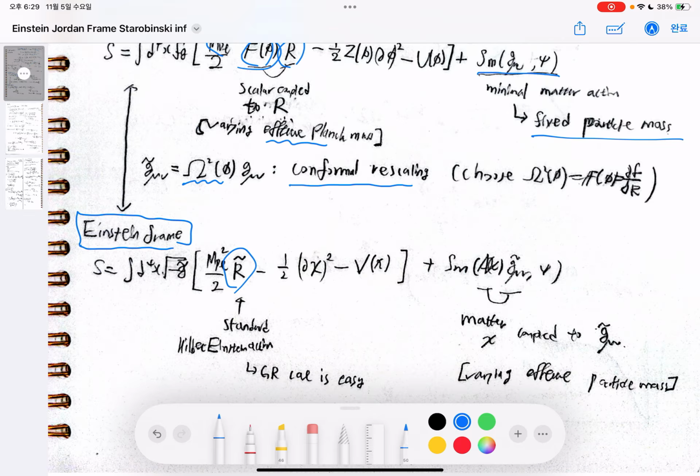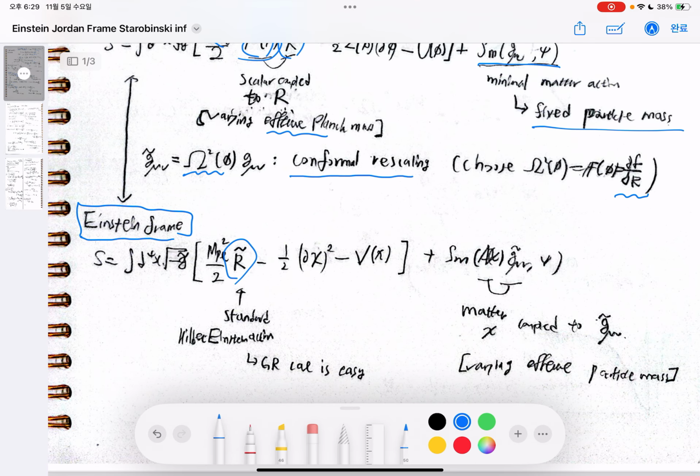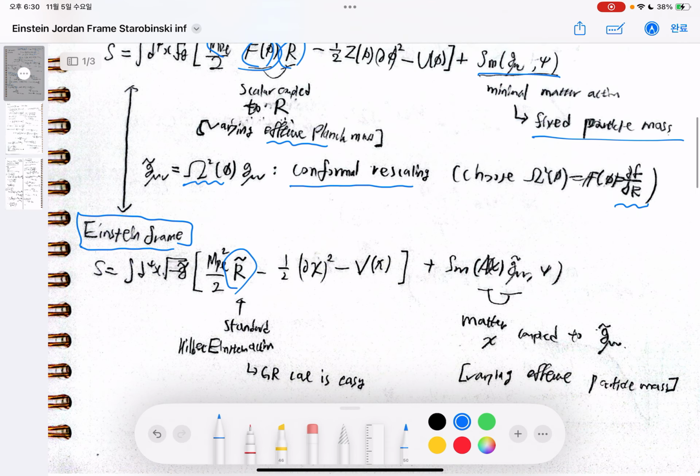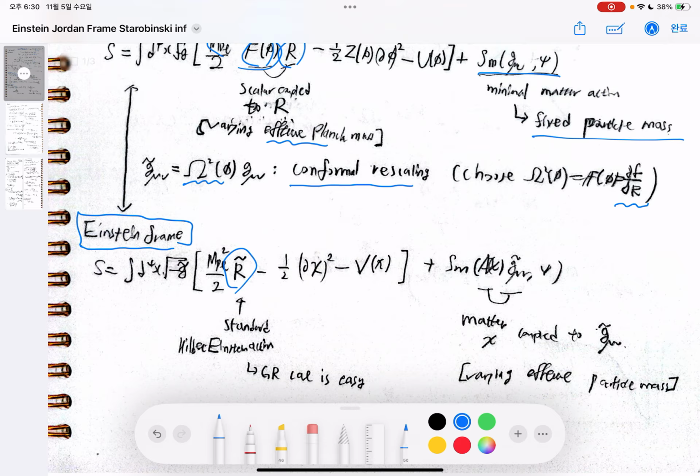The conformal factor can be chosen by partial f over partial R. So for the Einstein frame, the action is given by the standard one, so the GR calculation is easy. But inside the matter term, the metric g used is now coupled to the scalar field. So the particle mass varies effectively.